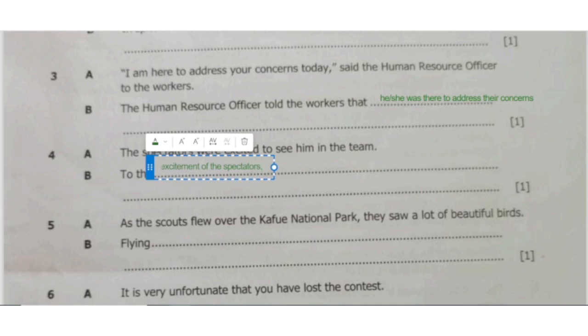To the excitement of the spectators, they saw him.